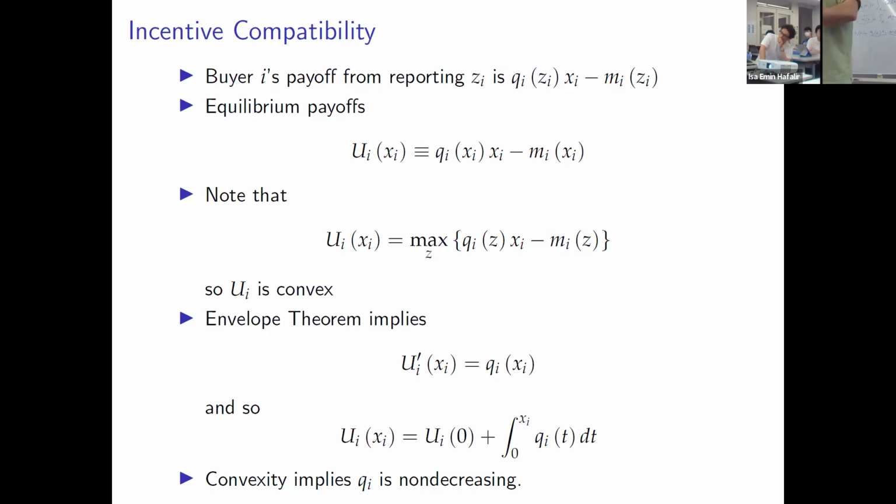They are not efficient, but they generate the same outcome in terms of allocation probabilities. Then they necessarily will give the same payoff up to this constant. Let's say this is 0, for instance, everybody whose value is 0 gets 0. And therefore the same expected revenue.